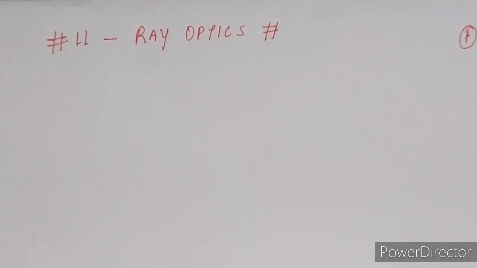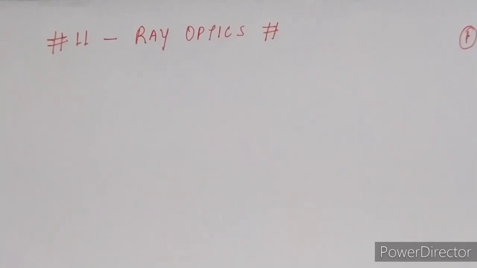Starting with this chapter, what is light? First of all we have to discuss what light is. Light is a form of energy, and with its help we are able to see objects, because light falls on them. It was always a matter of curiosity to know about the production and nature of light and related phenomena.